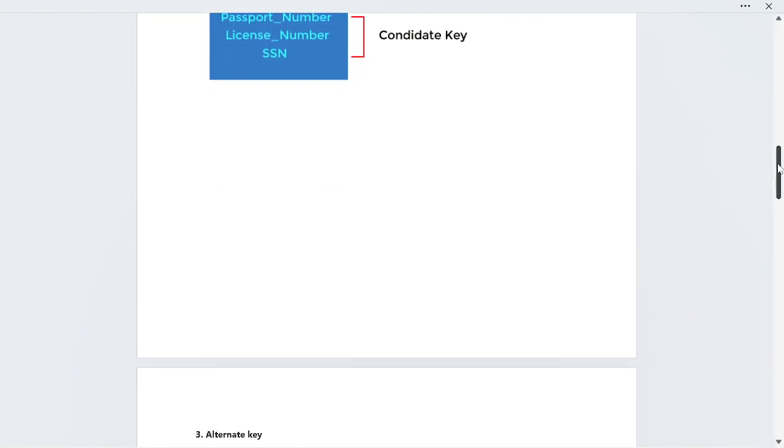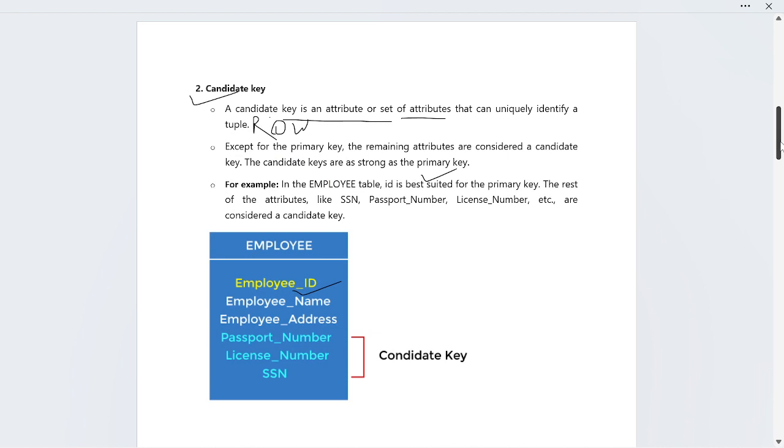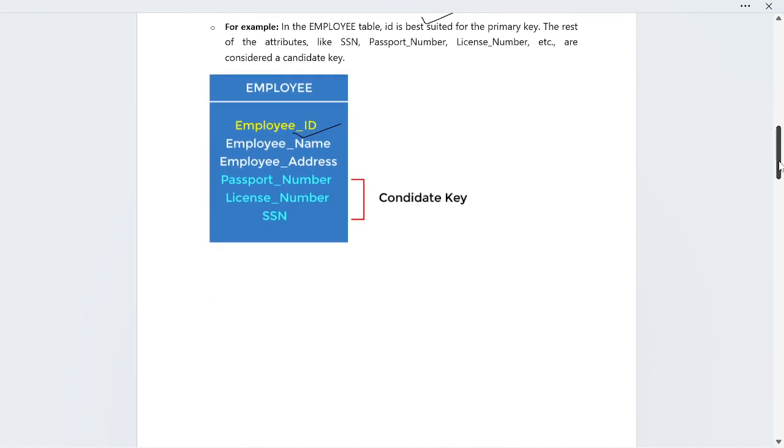So this is all about the candidate key. But as per my understanding, I'll explain how we can define primary key and candidate key. Let's take an example.